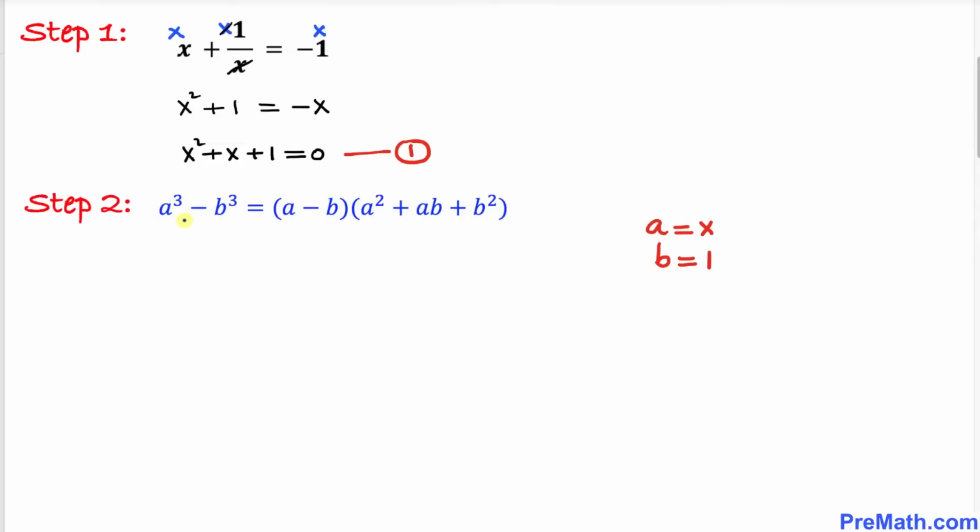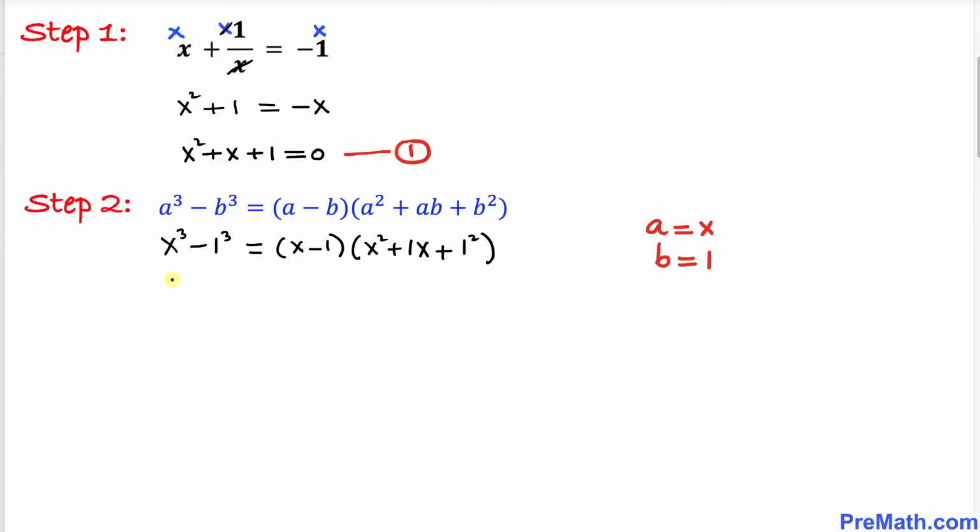Let's replace a by x and b by 1. So this equation is going to become x to the power 3 minus 1 to the power 3 equals x minus 1 times x squared plus 1 times x plus 1 squared.